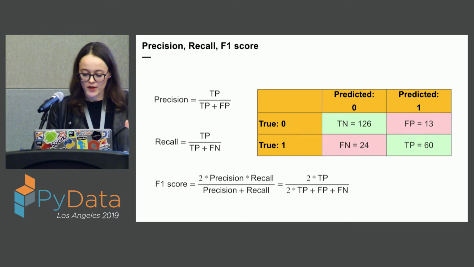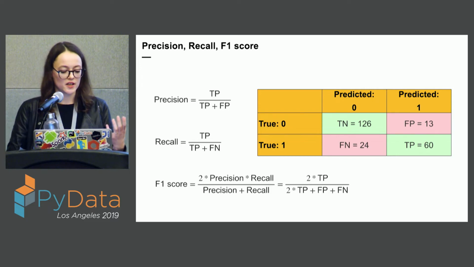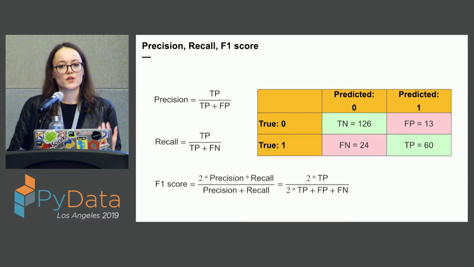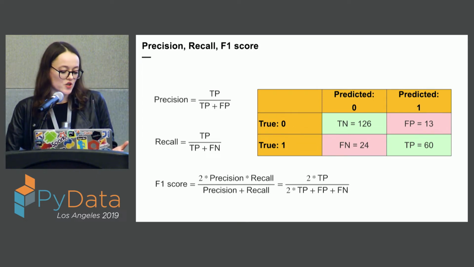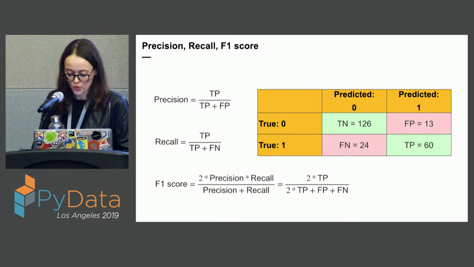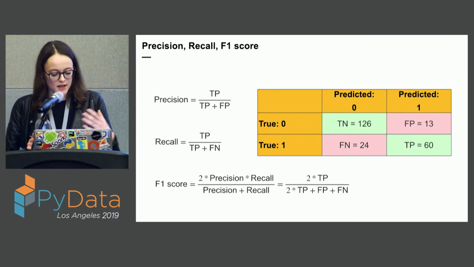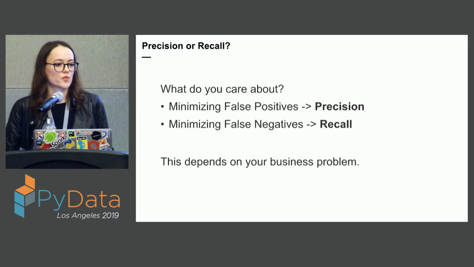And then, of course, we have another way of summarizing the confusion matrix in one metric, and it's called F1 score, that allows us to take into account both precision and recall, and it's essentially just a harmonic mean of the two. So when you're choosing a metric to evaluate your machine learning model, not only the shape of the data is important, but also what is your business problem?